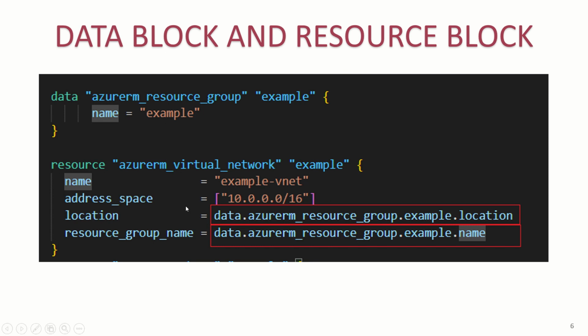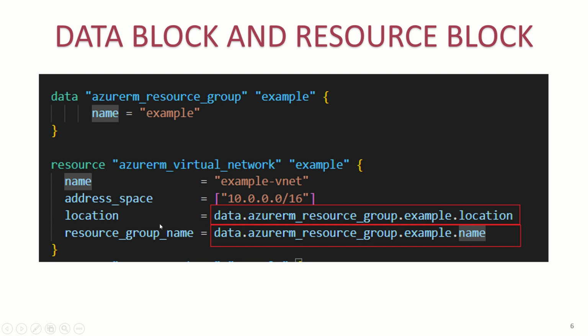And now when we create a virtual network, in that virtual network we need to pass two pieces of information related to the resource group. One is the location, one is the resource group name. So how will we call these two parameters this time? By using data.azurerm_resource_group.example.name. So in the case of name, I'm passing it in a similar way, data.azurerm_resource_group.example.name.